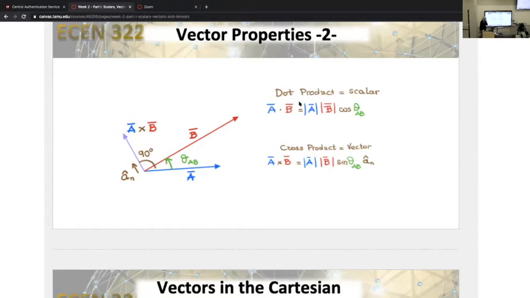From geometry, we know that any two vectors which are not collinear, meaning not on the same line, define a unique plane, only one. Now, in that one plane, the direction of this is always perpendicular to that plane.